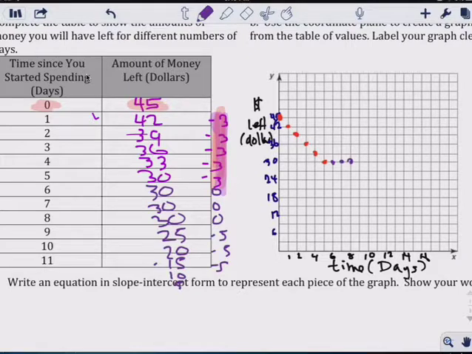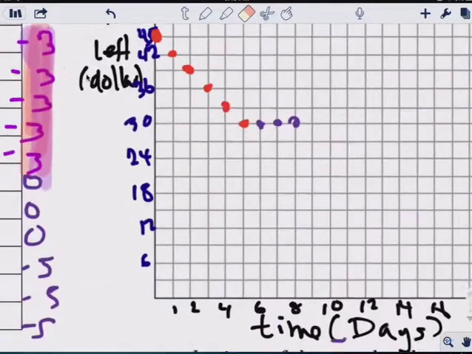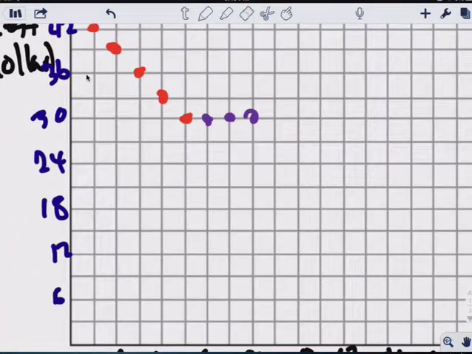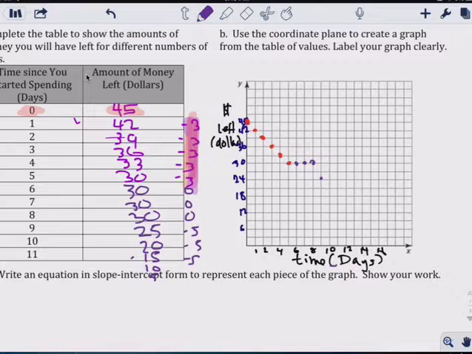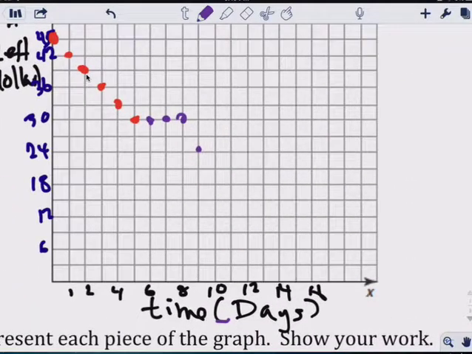And then we got 9. 9 is at 25, so 9 is at 25 right there. Okay, 25 is just a little bit above 24. And then 10 is 20. 10, you go up to 20, that's 18.